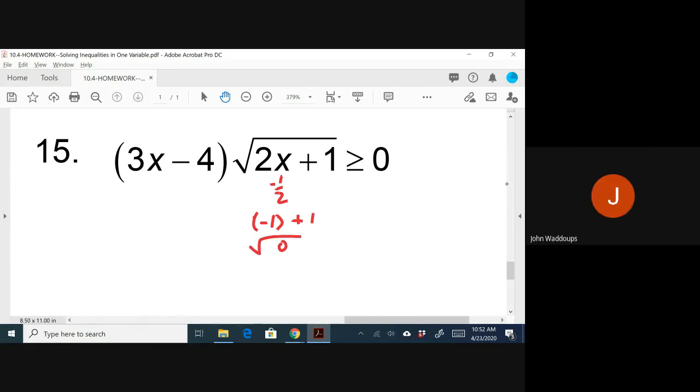And the square root of 0 is 0. Over here, I'm going to get something, whether it's positive or negative or whatever it is. When it's multiplied by 0, it would be equal to 0. And so that solution should also be included.